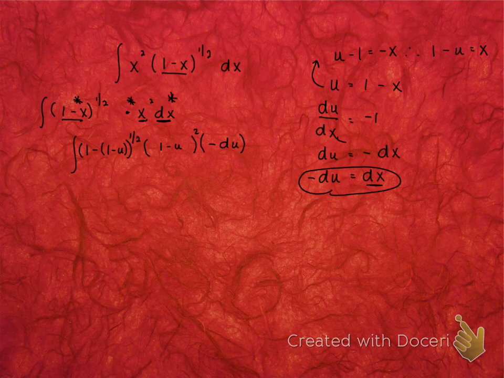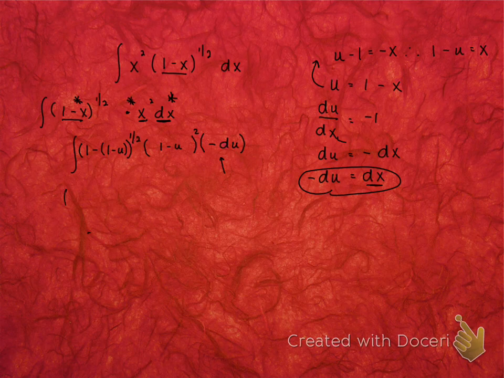Therefore, we put our negative du in place for dx. Then we have an x squared. If x is equal to 1 minus u, x squared is replaced with 1 minus u all squared. And then continuing on to the left, 1 minus x is replaced with 1 minus u.